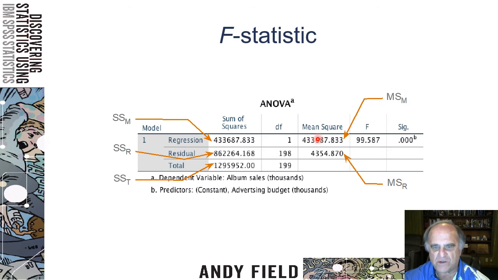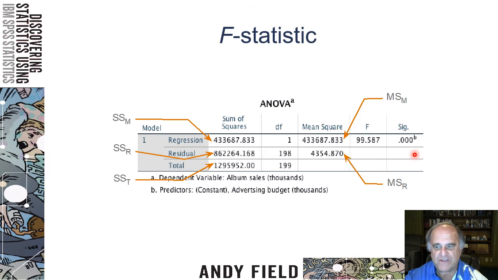Then we get our mean square, which is just the sum of squares divided by the degrees of freedom. We don't calculate that for the total. We do it for the residual and the regression. And then we get our F value, which is the mean square for regression divided by the mean square for residual, or in his terms, SSM divided by SSR. That gives us 99.587 with 1 and 198 degrees of freedom.